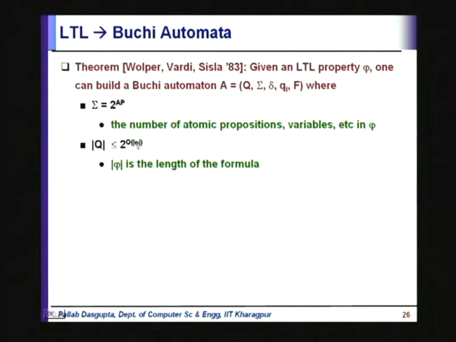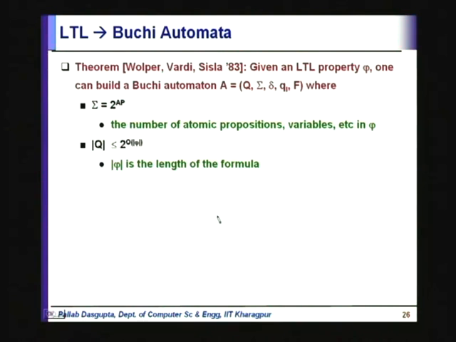Remember that |phi| is the length of phi, and 2 to the power of the length of phi is an exponential in the length of the formula, and the number of states in the Büchi automaton is upper bounded by that.